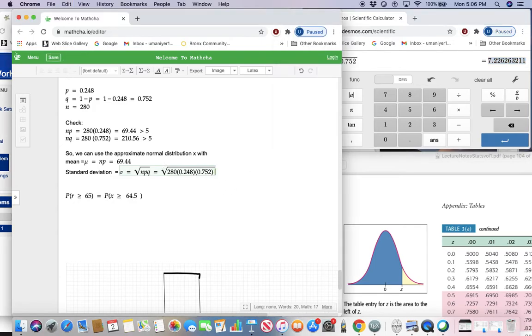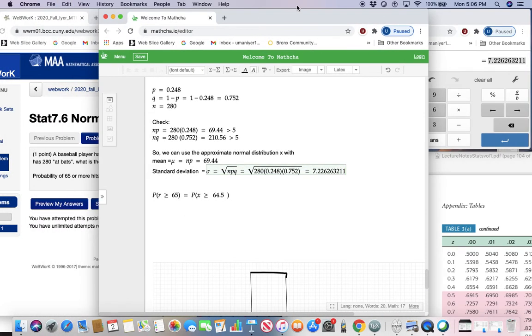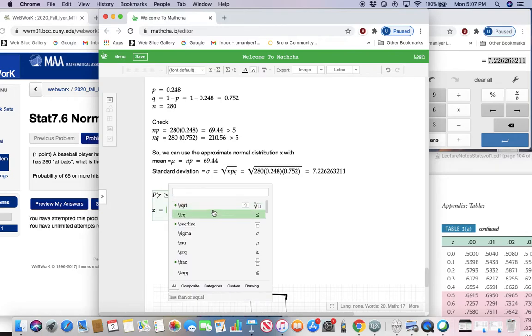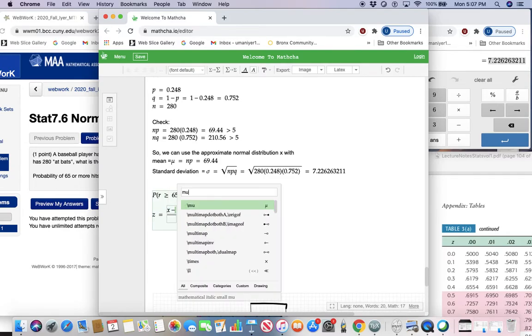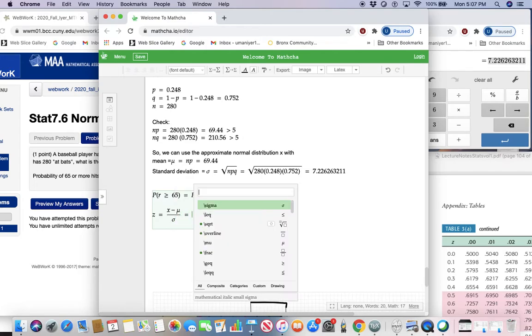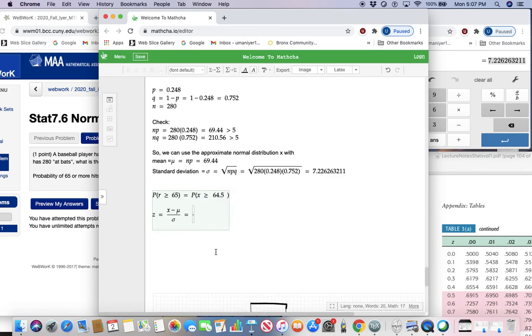All right, so you have come this far. Now all we need to do is find this probability by standardizing it. We always standardize using the fraction. The standard formula is x minus mu over sigma. In our case, x minus mu is x minus 69.44, and the standard deviation is what we just calculated.